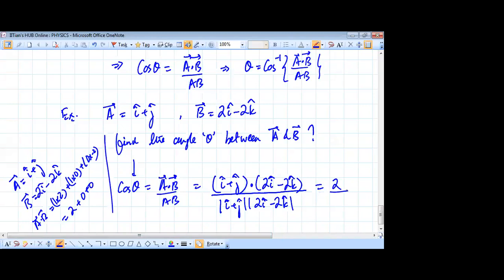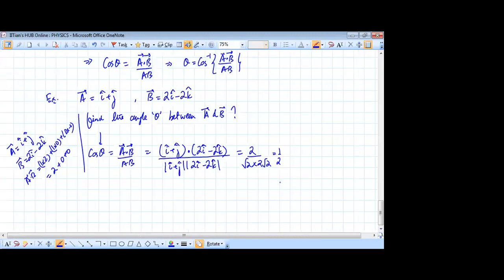Okay. But magnitude of A is root 2 and magnitude of B will become 2 root 2. So as you can see, this will become half. Okay. But now you understood? So cos theta is half. Okay.